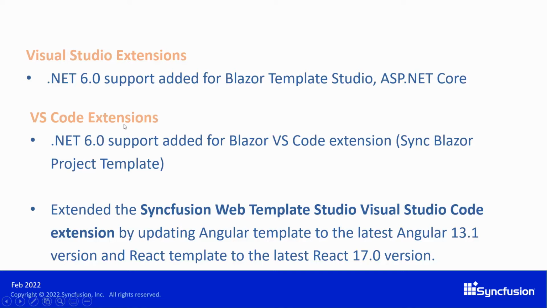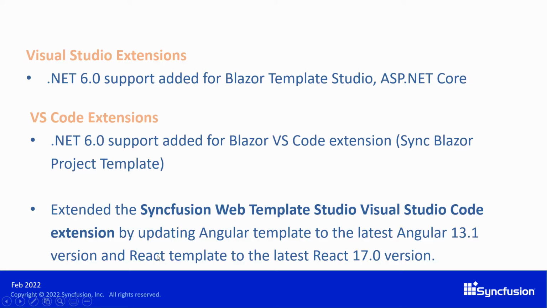And to the VS Code extensions, again .NET 6.0 support has been added for Blazor VS Code extension, that is nothing but the Syncfusion Blazor project template. And also we have extended the web template studio VS Code extension by updating the Angular template to this latest 13.1 version.